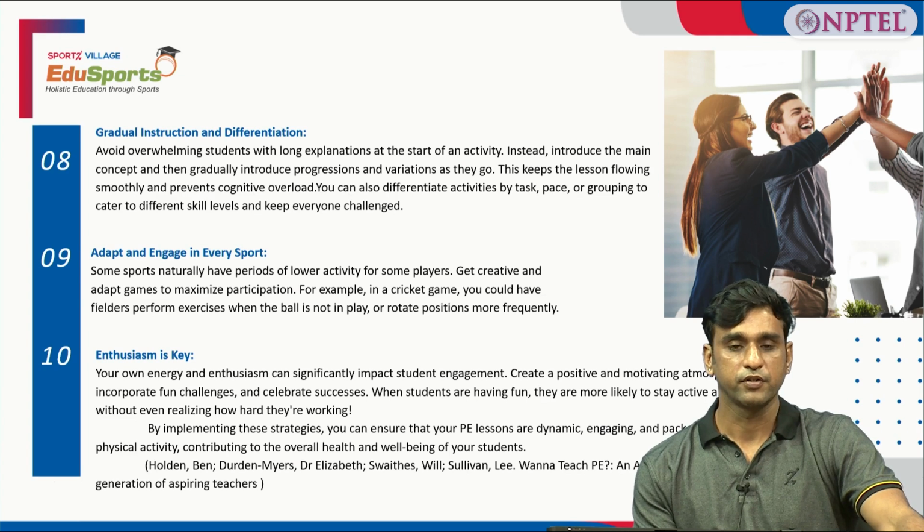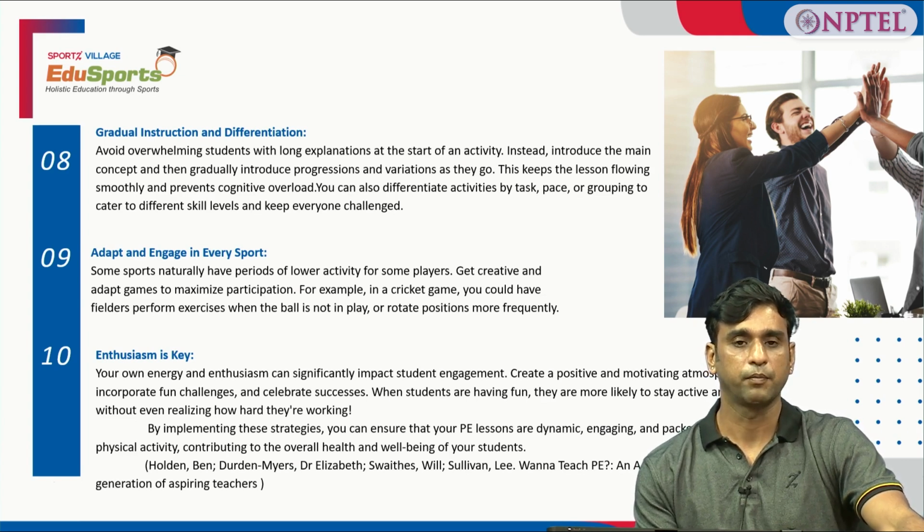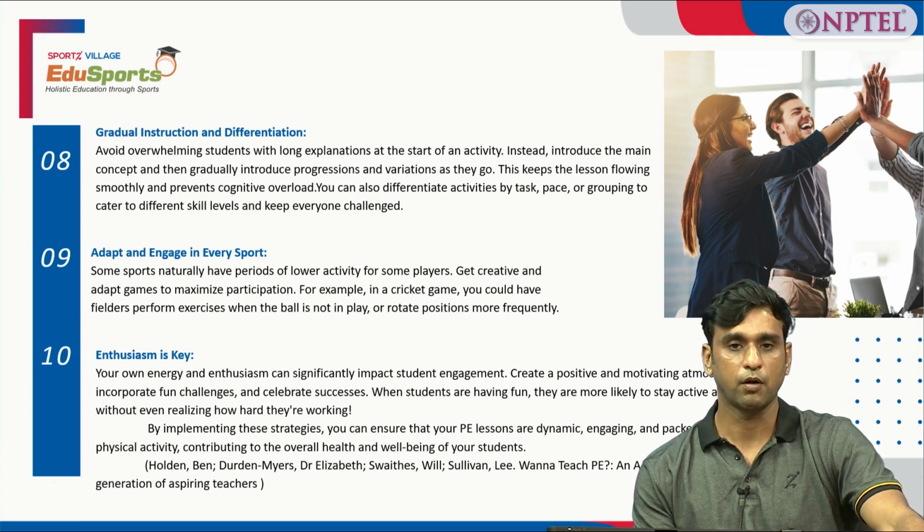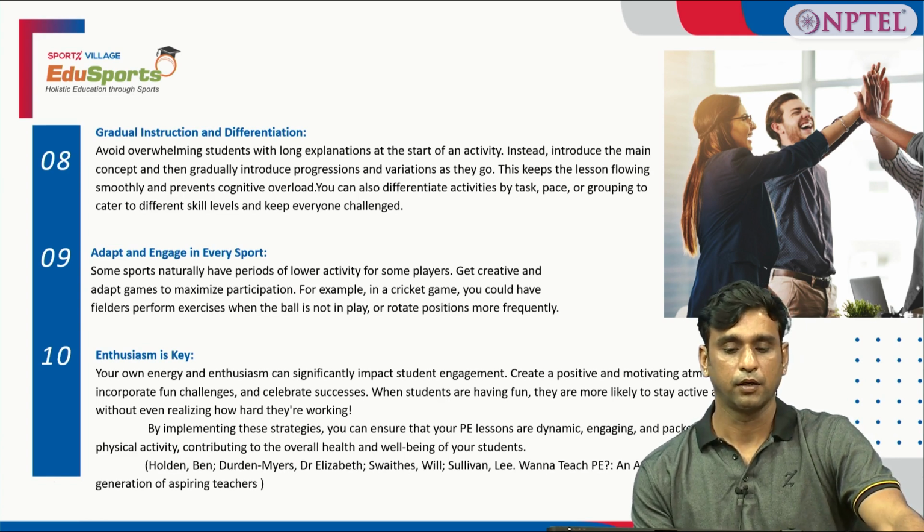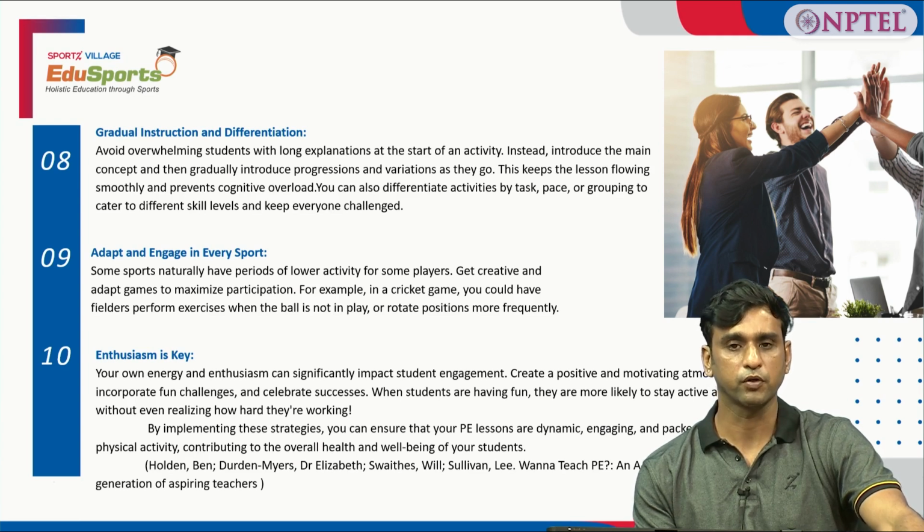Gradual instruction and differentiation. As we have discussed multiple times already, the activity killer, or fun killer, is overwhelming students with long explanations, especially with complicated activities where you have a lot of transitions and a lot of rules to be followed. There is a cognitive overload on the student when you are giving long instructions, all at one time.